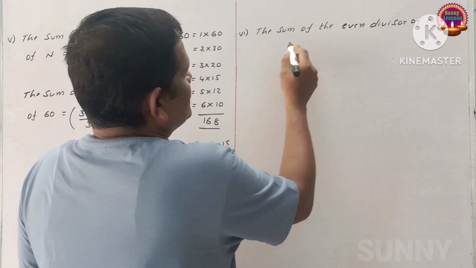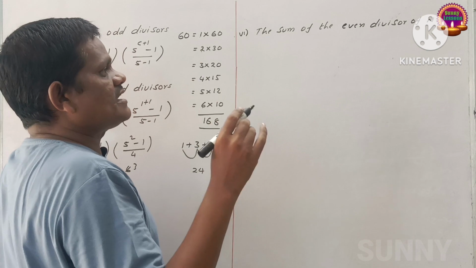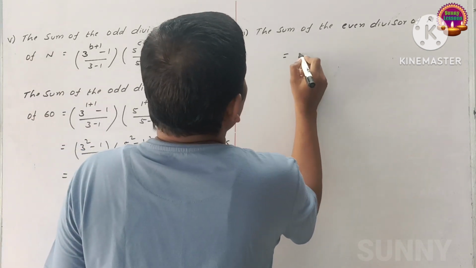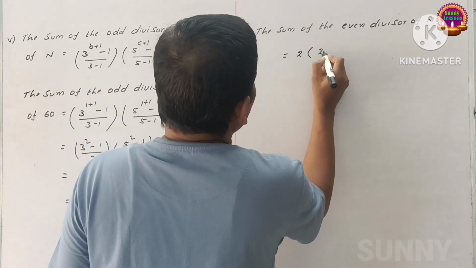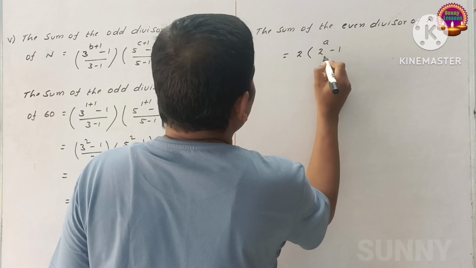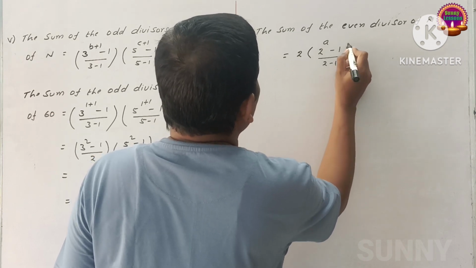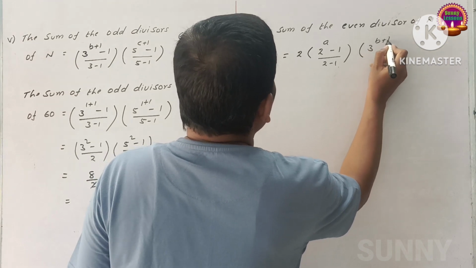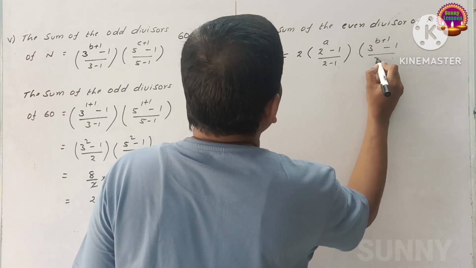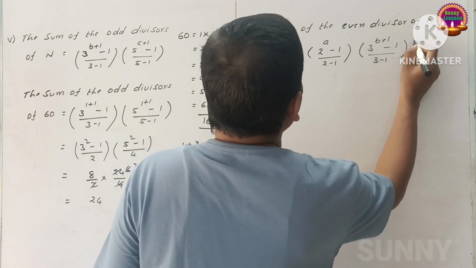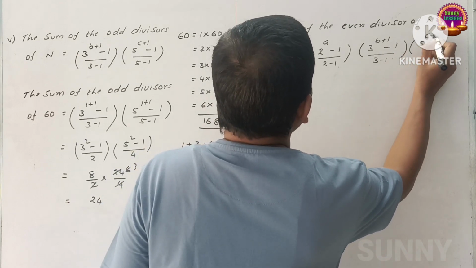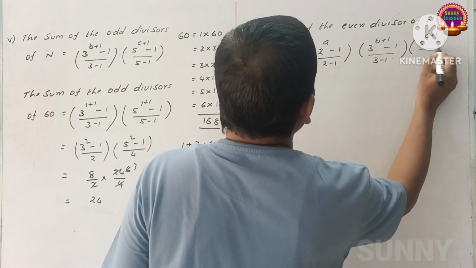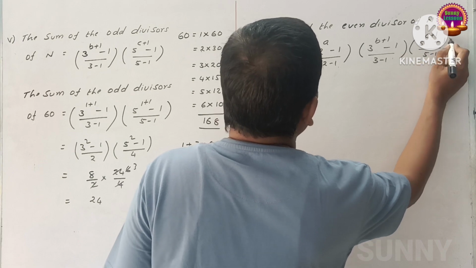The sixth one is the sum of the even divisors of n, which is equal to 2 into (2^a - 1)/(2 - 1) into (3^(b+1) - 1)/(3 - 1) into (5^(c+1) - 1)/(5 - 1).